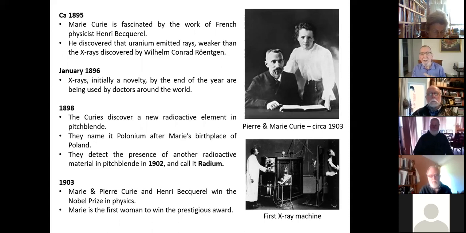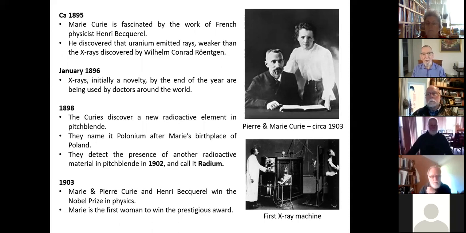In 1898, the Curies discovered new radioactive elements out of pitchblende, and they called it polonium, after Marie Curie's birthplace of Poland. They also detected the presence of radium in 1902. Now, radium's quite interesting because an offshoot of that, radon, is a water-soluble radioactive compound.